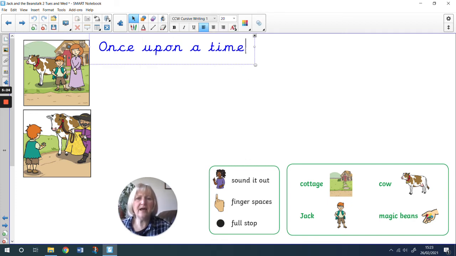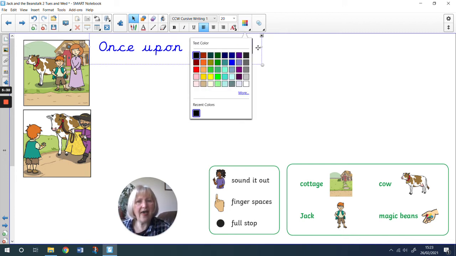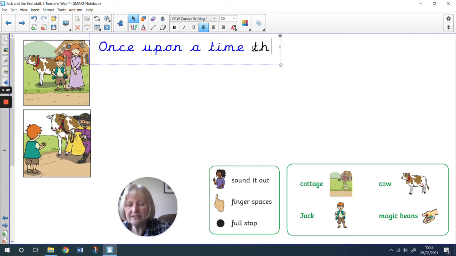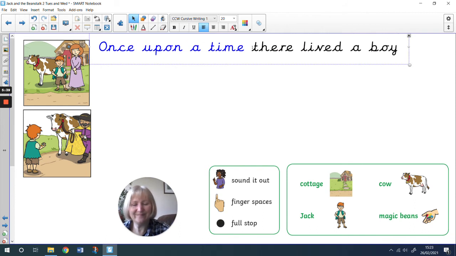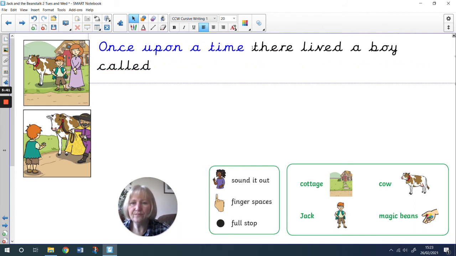Okay, let's think. Once upon a time, what could we say? Once upon a time there, yes, once upon a time there lived a boy called Jack. Full stop. Finger space. Once upon a time there lived a boy called Jack.